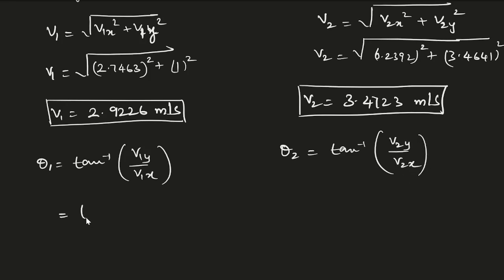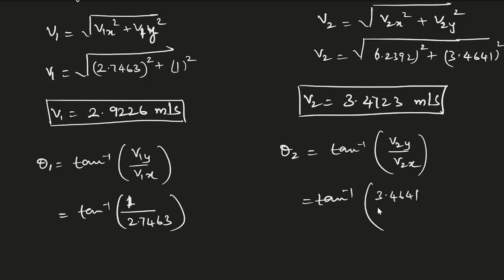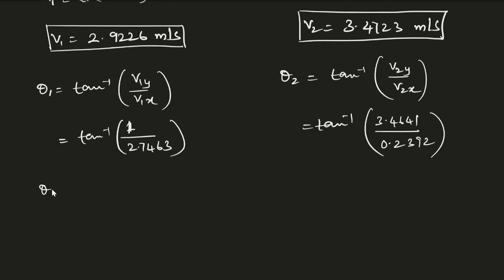So theta 1 is tan inverse of 1 divided by 2.7463.